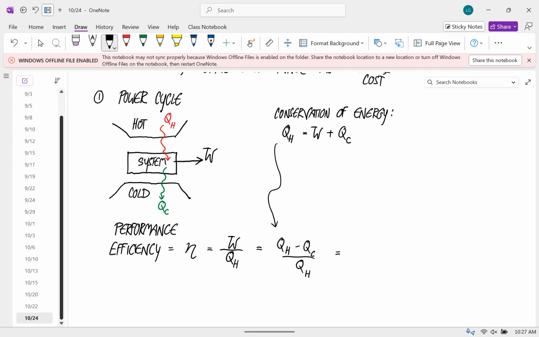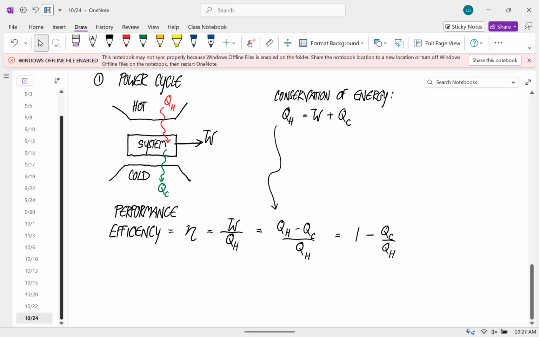And now you can simplify that as 1 minus QC over QH. And we're going to call this efficiency because it ranges from 0 to 1.